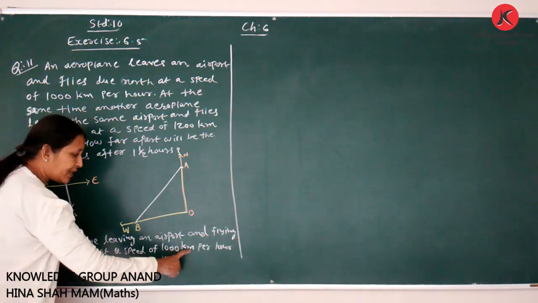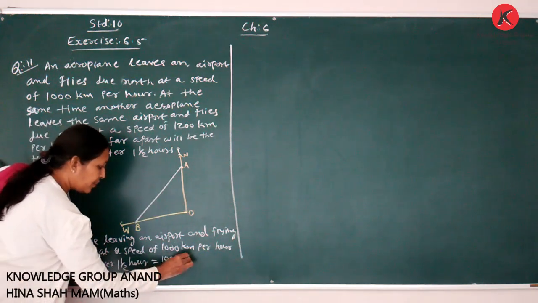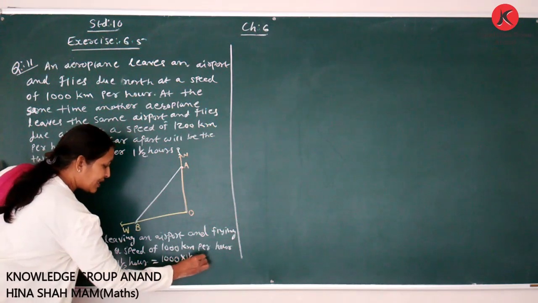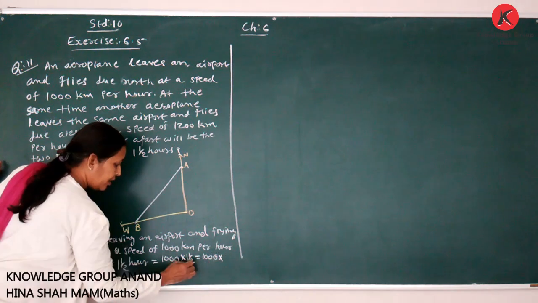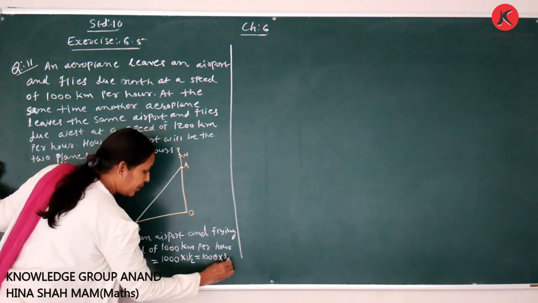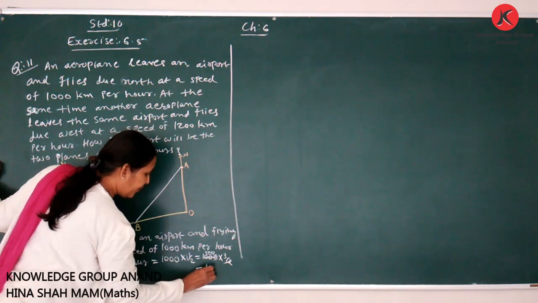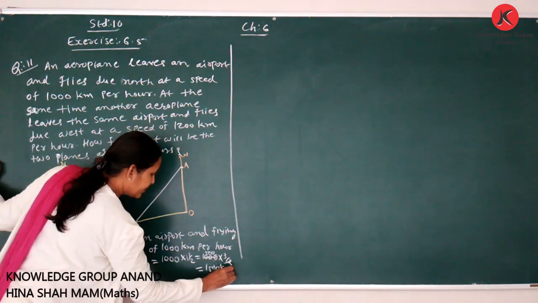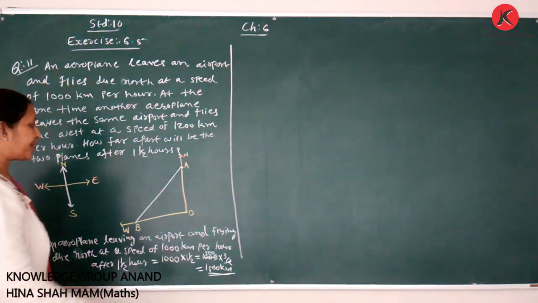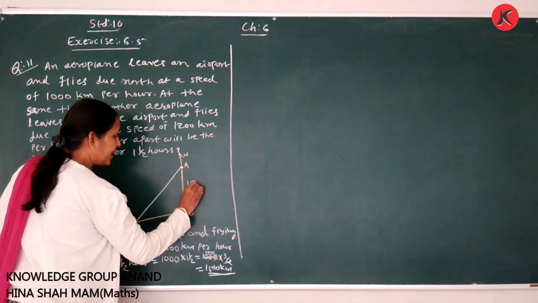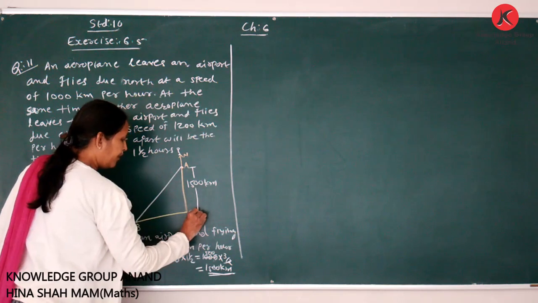Speed is equal to 1000 km per hour and time is 1 integer 1 upon 2, so 1000 multiplied by 3 by 2, which is 1500 kilometer. So OA is equal to 1500 kilometer.